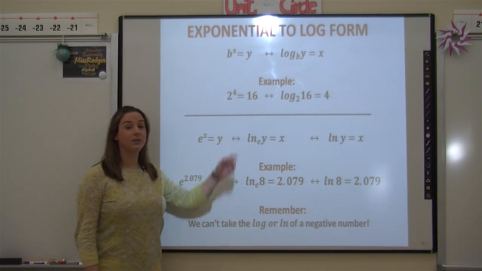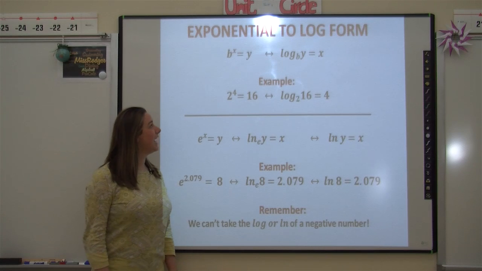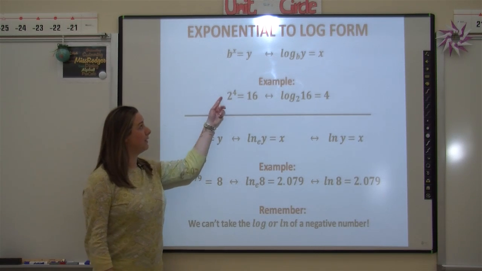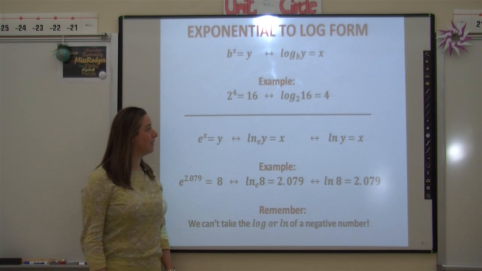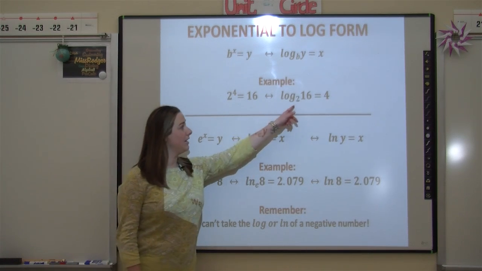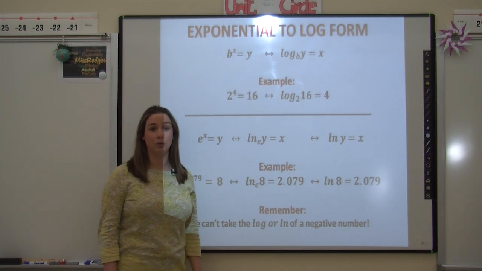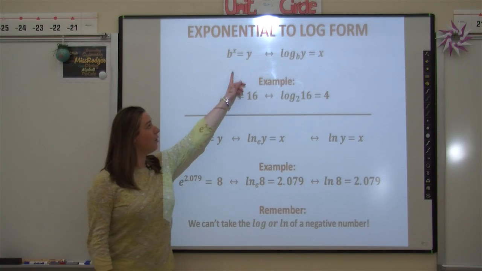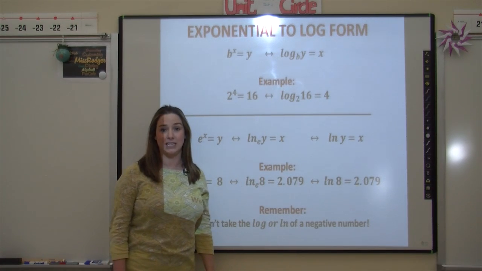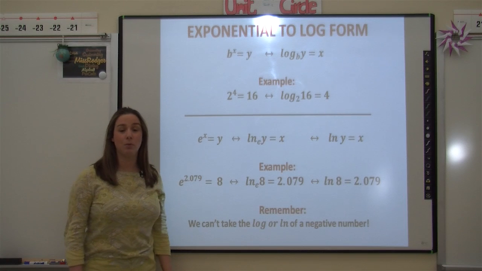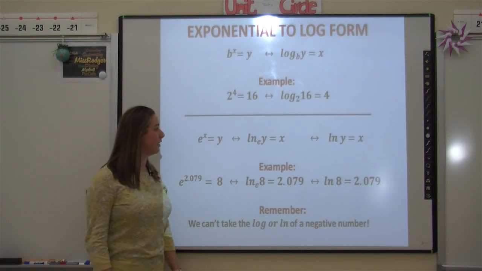2 to the 4th equals 16. This is an exponential form, which matches up with our notation here. If we want to write this in log form, it is log base 2 of 16 equals 4. We can go back and forth from exponential form to log form and log form to exponential form. This is something we want to get comfortable with through our work.